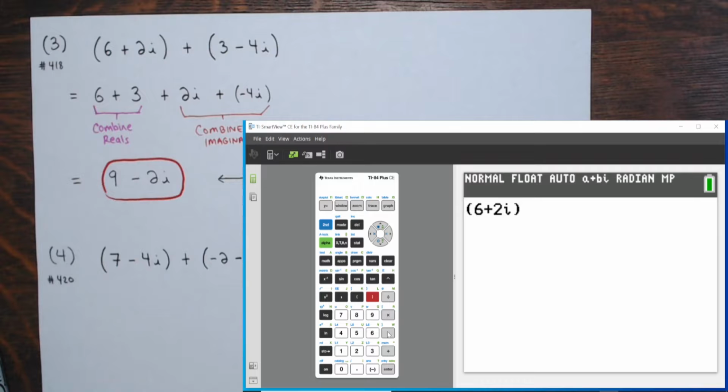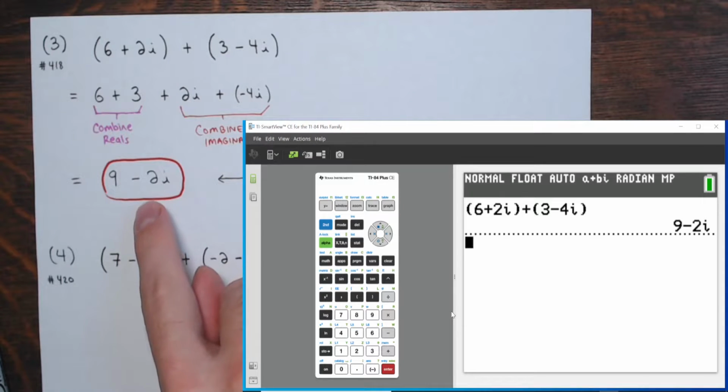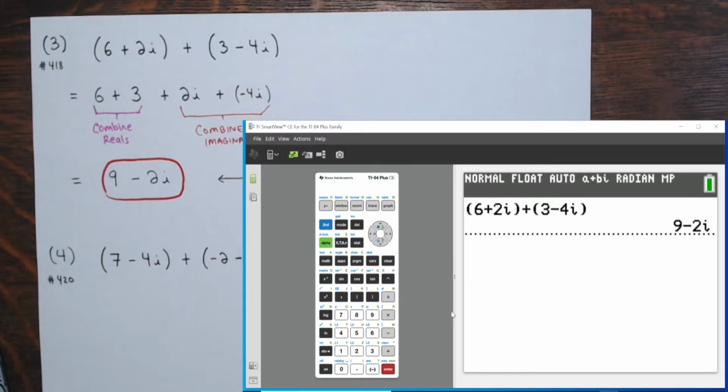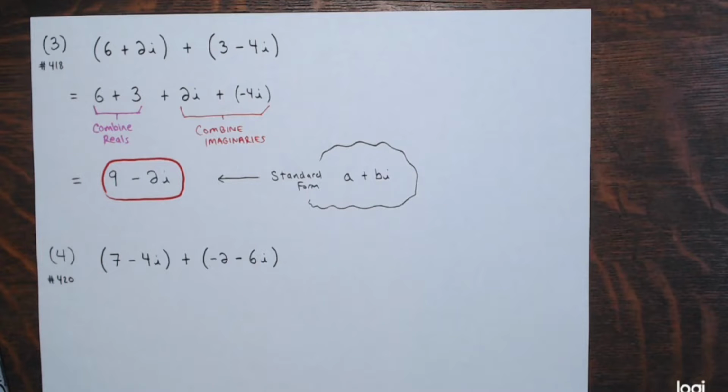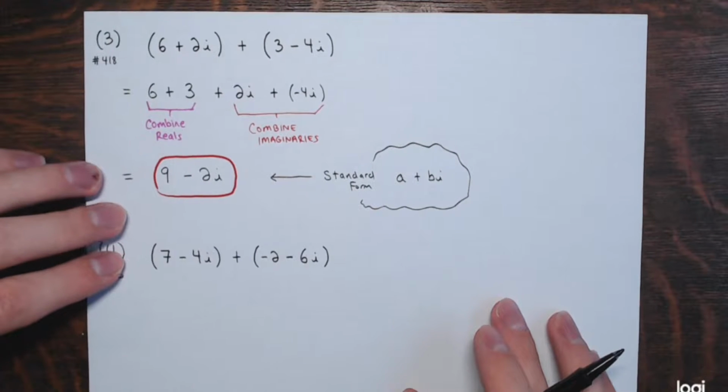So 6 plus 2i plus the quantity 3 minus 4i. And look, see 9 minus 2i, like I had here. So it works. We did a good job. Easy to check on a calculator, especially if your calculator has the ability to show complex numbers, show imaginaries. That'll be the last one I check with the calculator. I'll leave the rest for you to try.